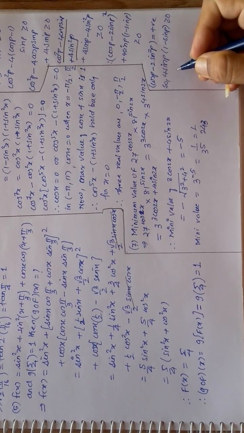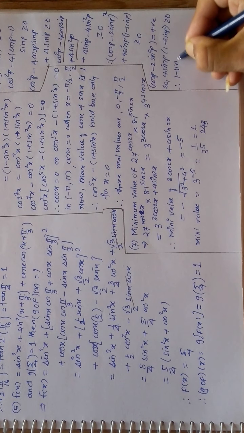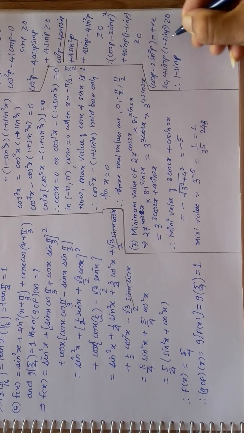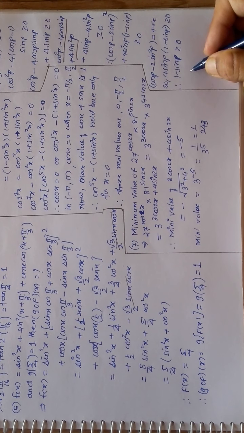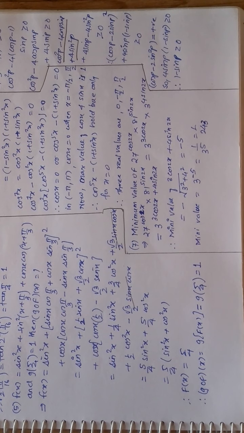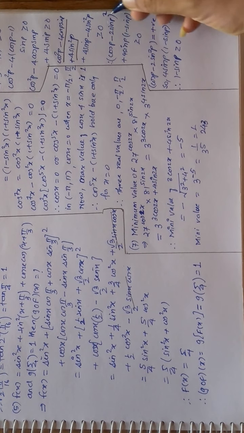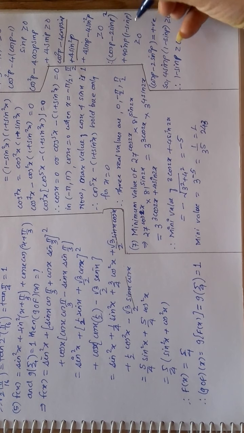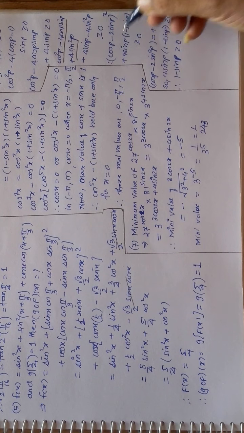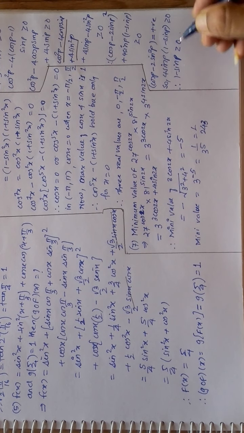So, ready with your solution? You might have got that 1 minus sin p, which is there, must be greater than equal to 0. Now, 1 minus sin p is greater than equal to 0, so this must make the equation which I have written here true.